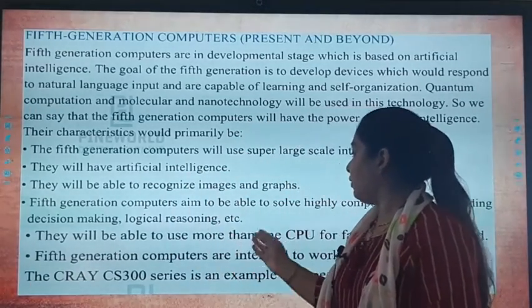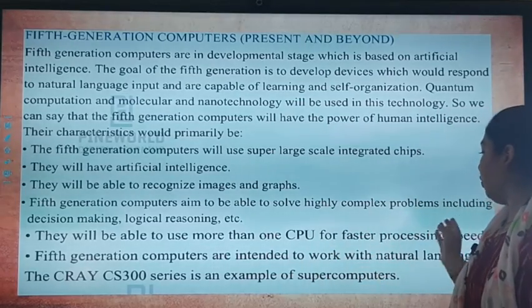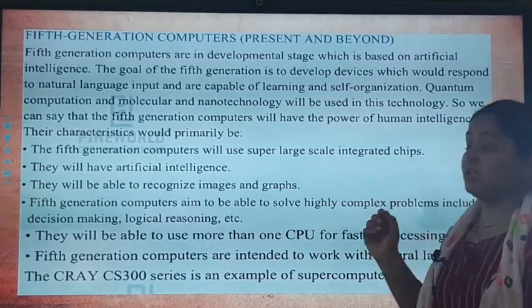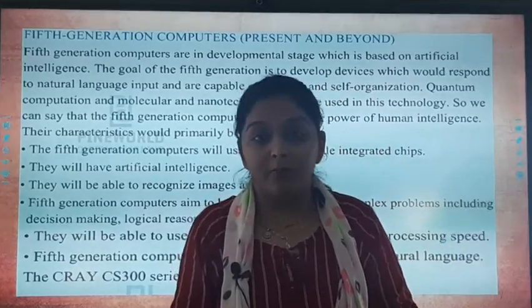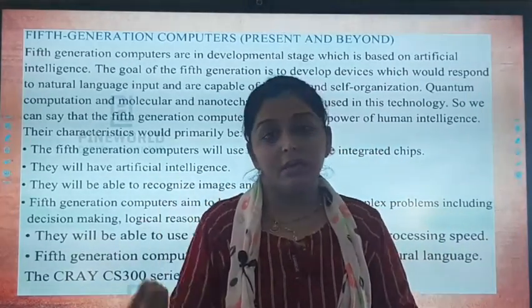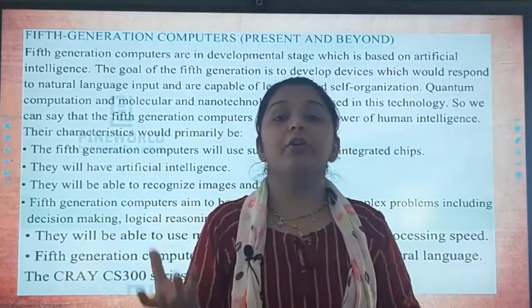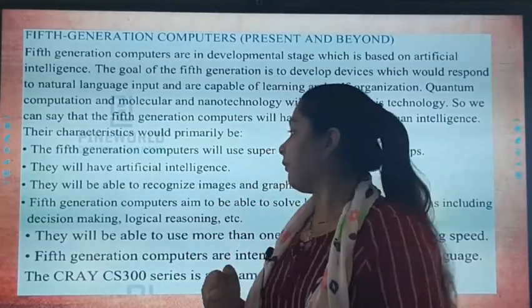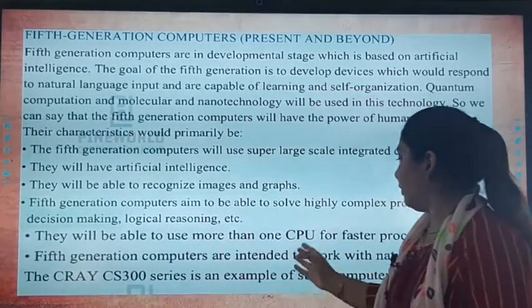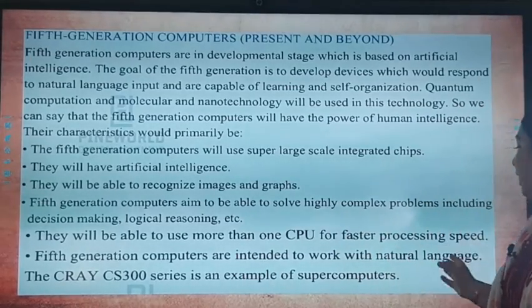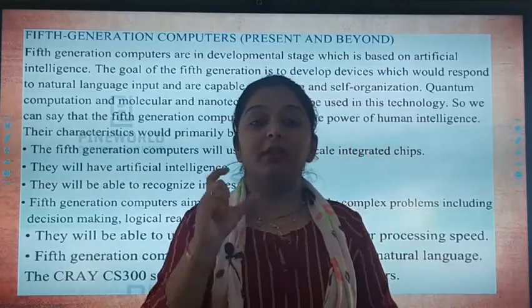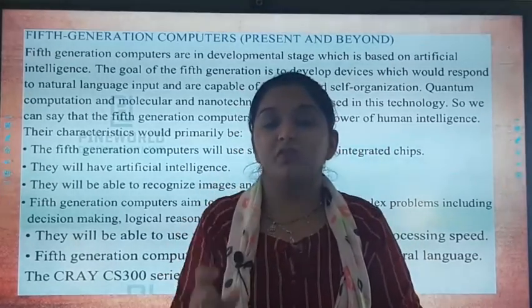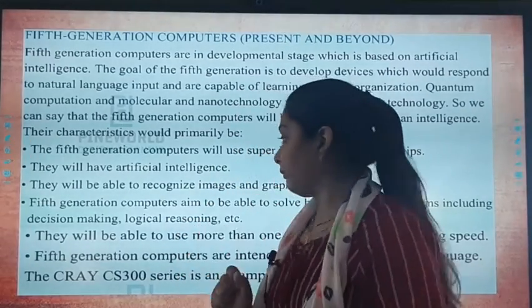They will be able to use more than one CPU for faster processing speed, so that they can work very fast. Fifth generation computers are intended to work with natural language, the languages which we are using.